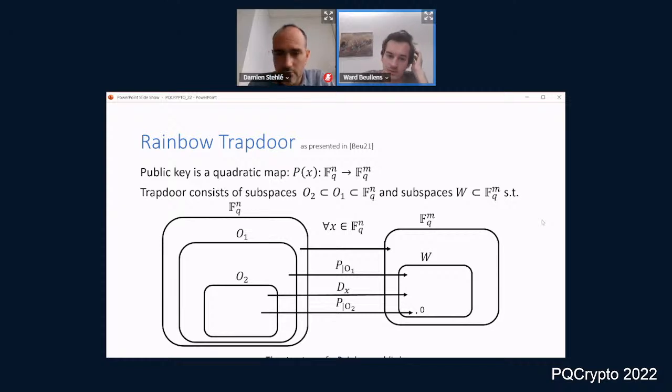If you just use Grover in the binary case, then you have the square root of 2 to the n, so a complexity of 0.5n, and I think you can do a little bit better, like 0.47n or something. So you can do a little bit better than Grover, but not very much. As far as we know, the quantum attacks are not much better than classical ones.